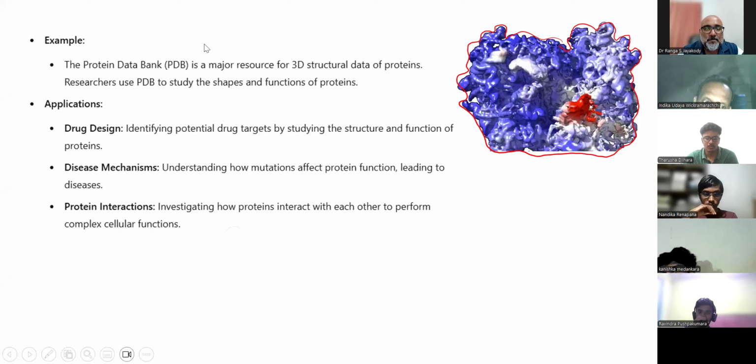Now, another application I would tell you, the protein-protein interactions. The proteins interact with other proteins in the body, specifically to send signals. We have a signaling pathway inside the body, right?